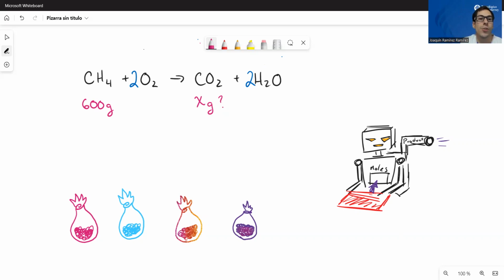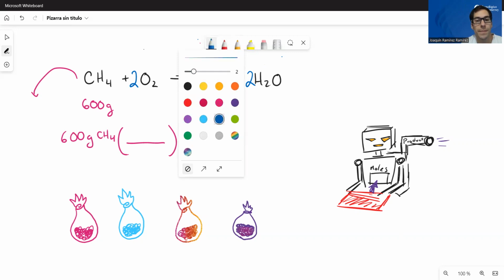So super easy. You just take your 600 grams of methane, and you will have to put here in these parentheses the molar mass of methane, okay? So how do we calculate the molar mass? Remember that you can find that information in the periodic table.